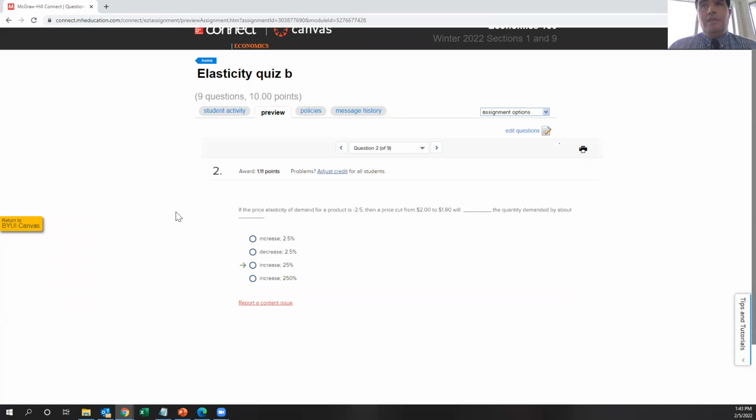This next question: the price elasticity for a product is negative 2.5. Then a price cut from $2 to $1.80 will blank the quantity demanded by about blank. How do we figure that out? So the price elasticity of demand, let me annotate again.